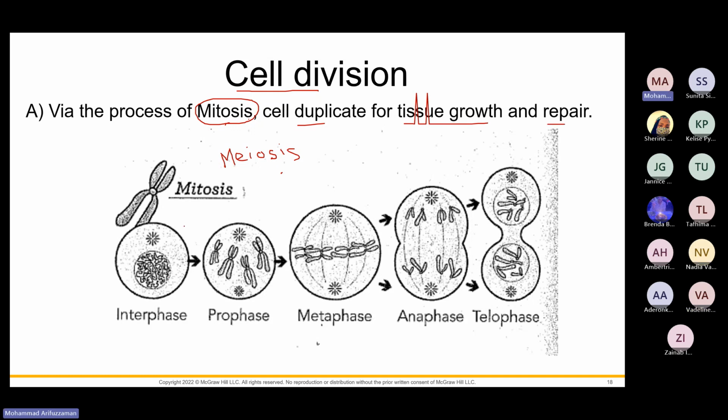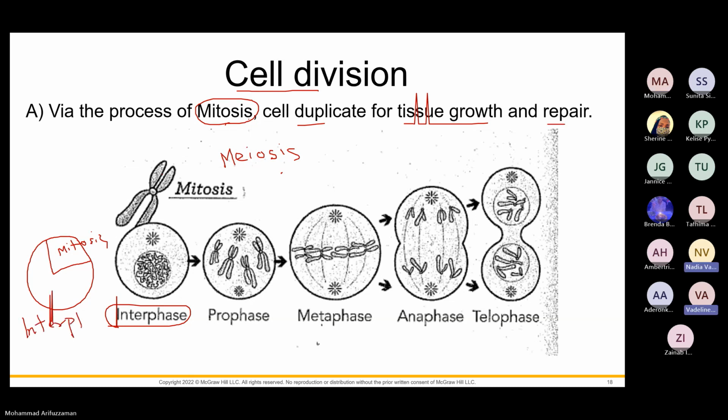Now you can see the phases of mitosis. The first is interphase. The interphase is before the start of the mitosis. The interphase is divided into three subphases. If I draw the cell cycle, this is mitosis, and this phase is called interphase.